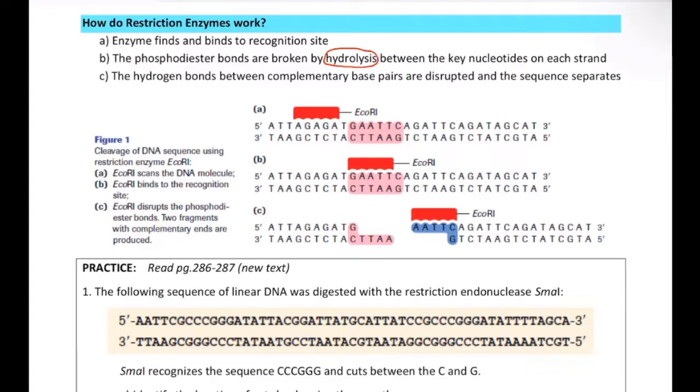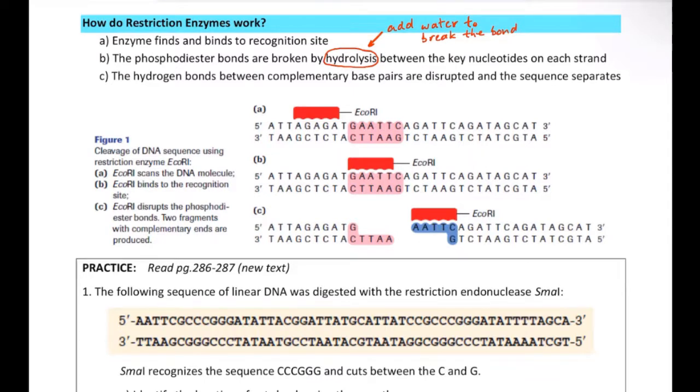And just a reminder that hydrolysis is the opposite of the building. This is the catabolic one where you put the water back in to break the bond. So we add water to break the bond. Hydrolysis, water is bursting something.